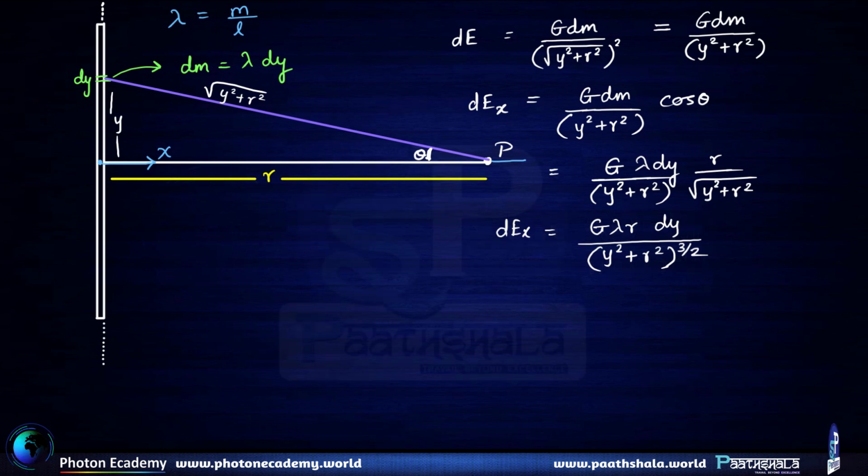Now on integrating this particular expression, we get the total horizontal gravitational field because of an infinite rod.